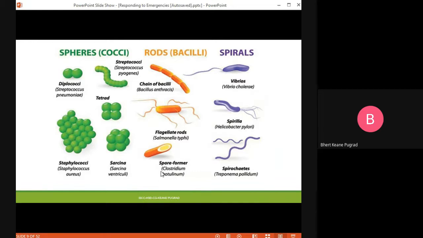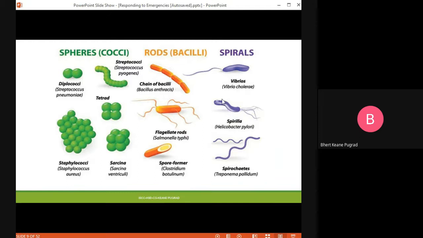And we also have your spore former, kung saan kapag ito namatay, mabubuo ulit yan. So we also have here your Vibrio. Your Vibrio are your comma-shaped bacteria. Okay? So examples of your Vibrio bacteria is your Vibrio cholerae. This is a causative agent of cholera.